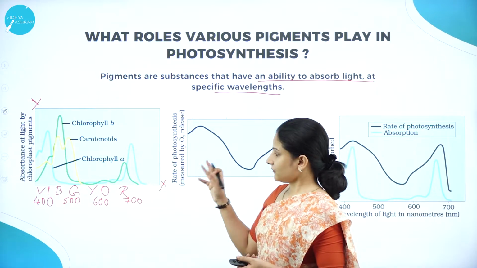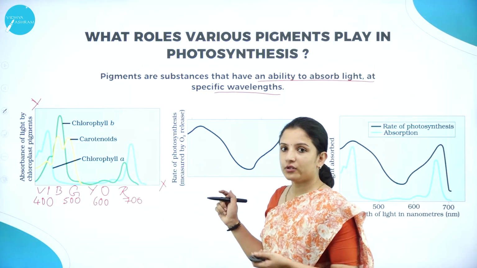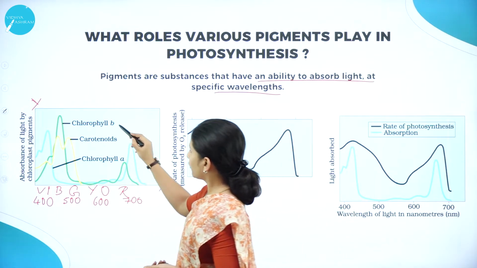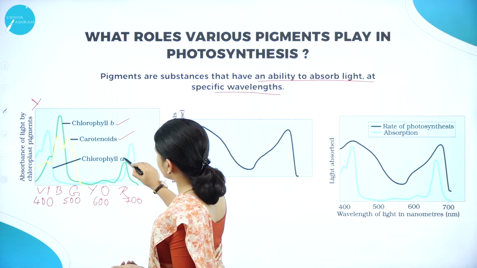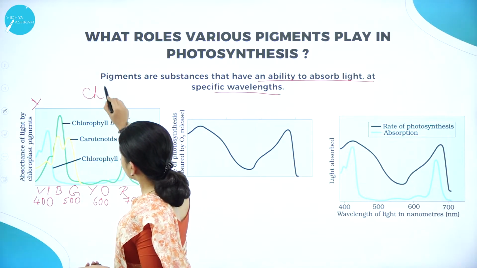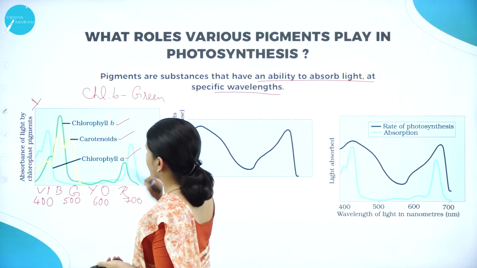What is the function of the pigment? It helps to absorb light of only a particular wavelength. Now, what are the pigments we are talking about? We are talking about chlorophyll B, carotenoids and chlorophyll A. Chlorophyll B, they have given the graph line green color, right?